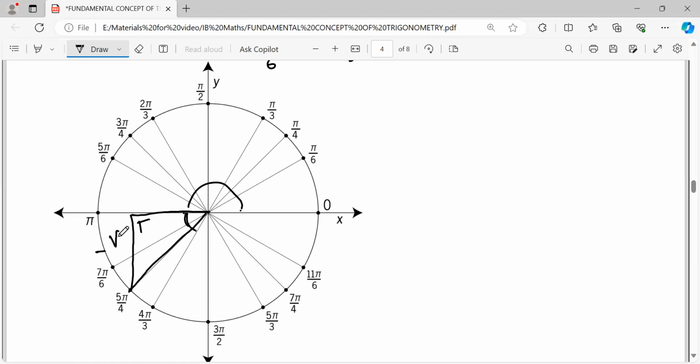This is negative square root 2 over 2, negative square root 2 over 2. So the coordinate point is negative square root 2 over 2, comma, negative square root 2 over 2. This is the value of sine 5 pi over 4, and this one is the value of cosine 5 pi over 4.